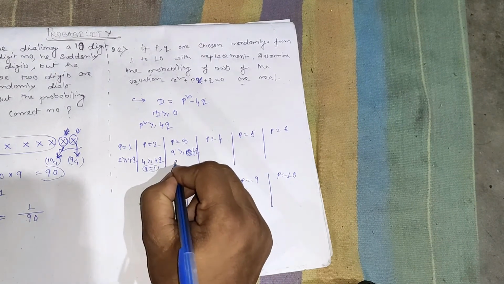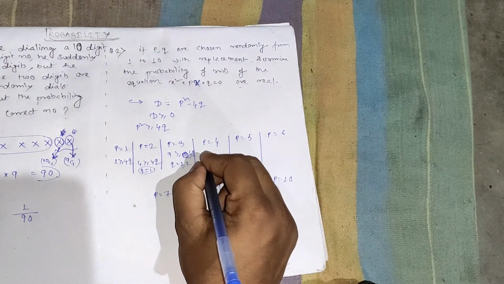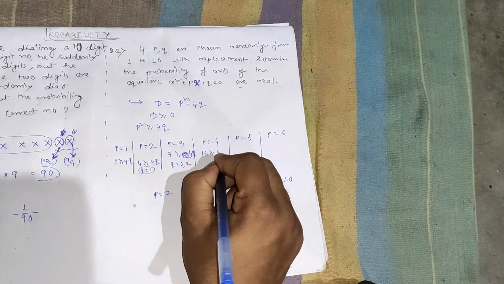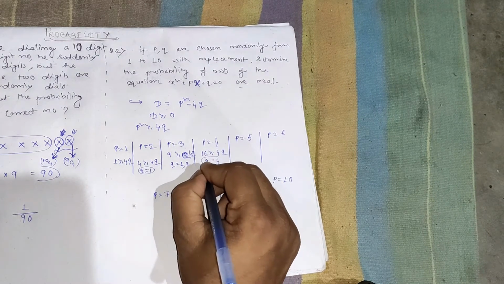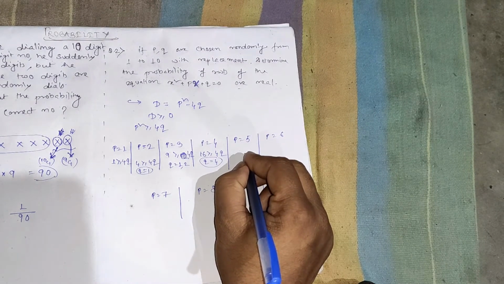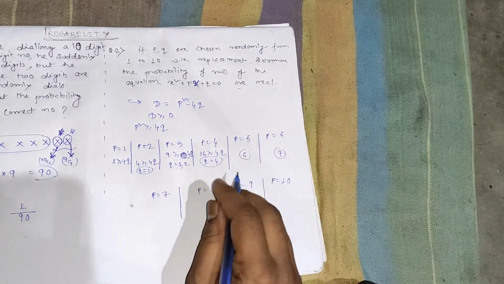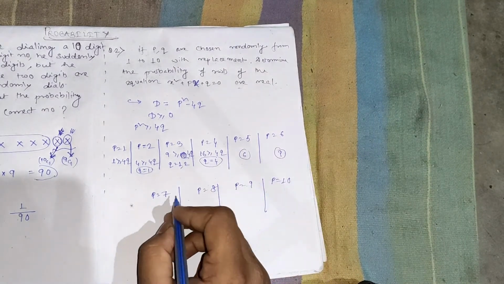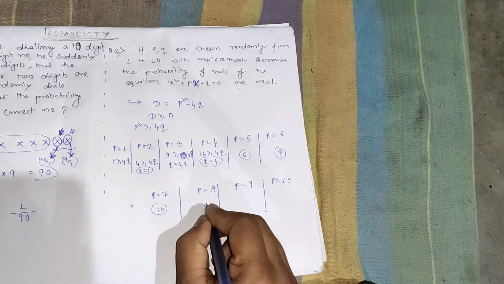So here q equals 1 and 2, and here it is 16 greater than or equal to 4q. Here there are 4 q's, 1, 2, 3 and 4. Then when p equals 5 it will be 6, and when p equals 6 it will be 9. You can try yourself. And when p equals 7 it will be 10, and further all there will be 10.